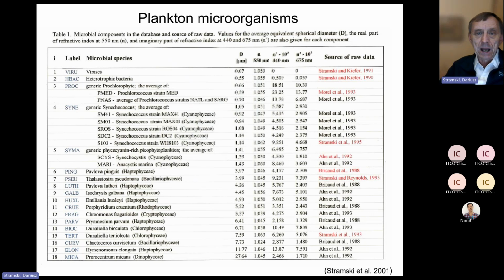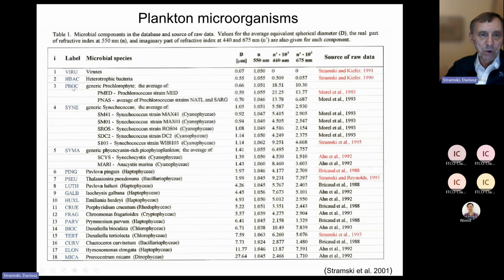I will illustrate this interspecies variability using analysis from a study which included 18 different groups of microorganisms or biological particles, starting with viruses and then heterotrophic bacteria. From 3 through 18, these are all photosynthetic phytoplankton species.